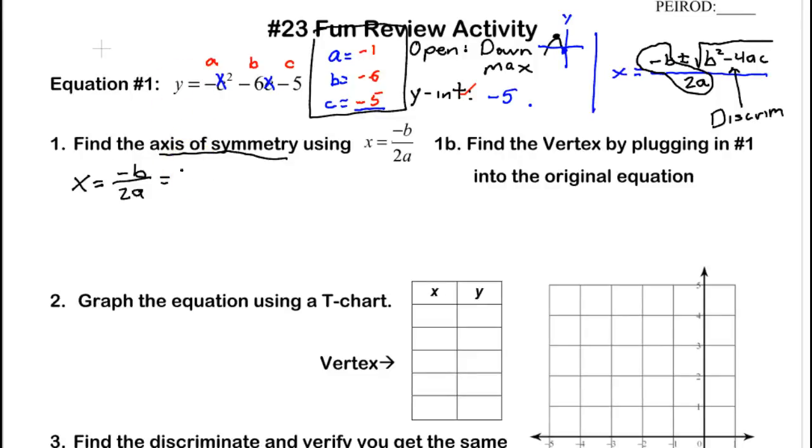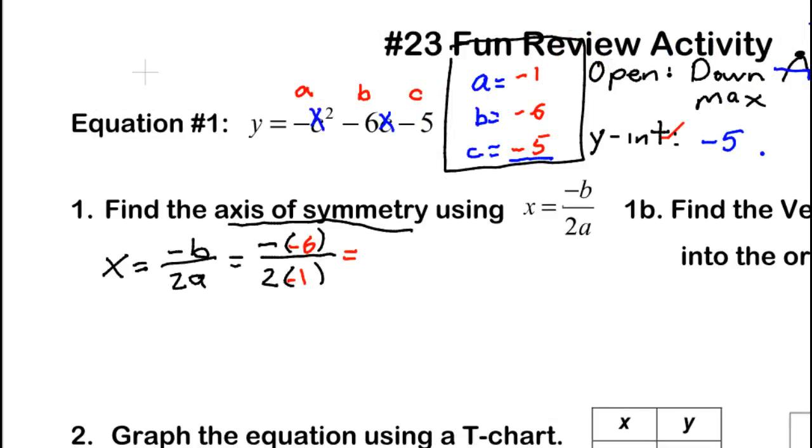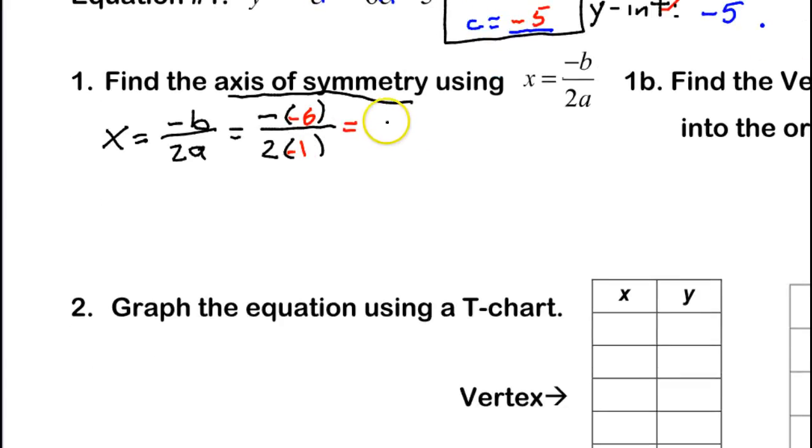You'll become experts. So this equals, I got 6 over negative 2, which equals negative 3.